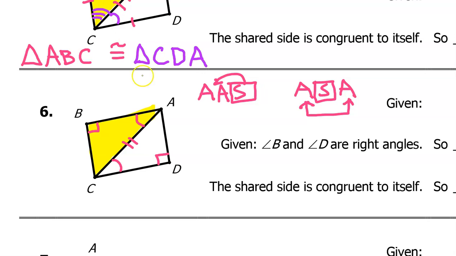So, is the side between the 2 angles? Well, here's one angle, here's the other angle that's marked. Here's the side between those 2 angles. Is that the side that's marked? No, the marked side is way over here. So the side is not between the 2 angles, which makes this angle, angle, side.